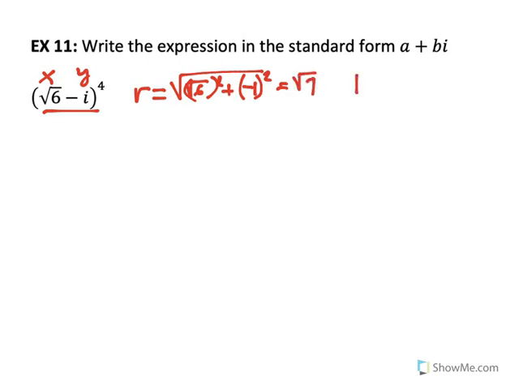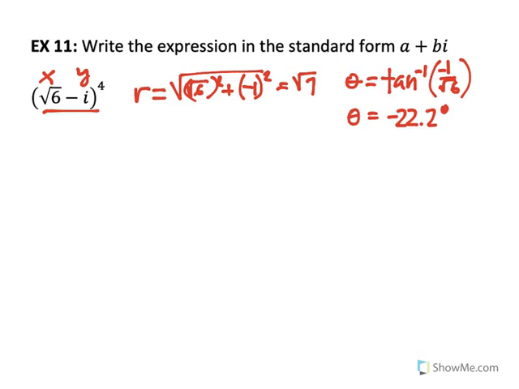To find my angle, I take the inverse of tangent of y over x, negative 1 over root 6, and this is going to give me an angle that is about negative 22.2 degrees.